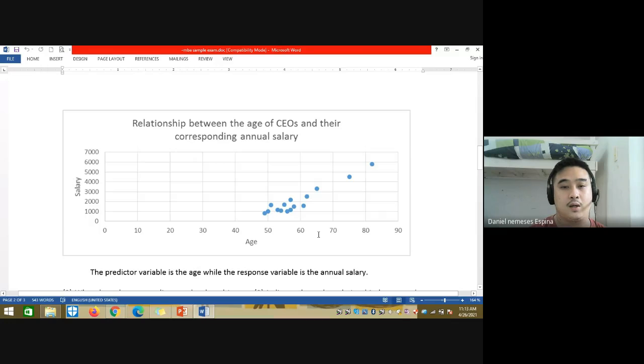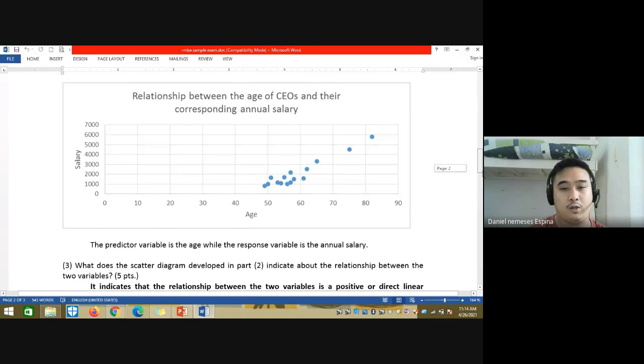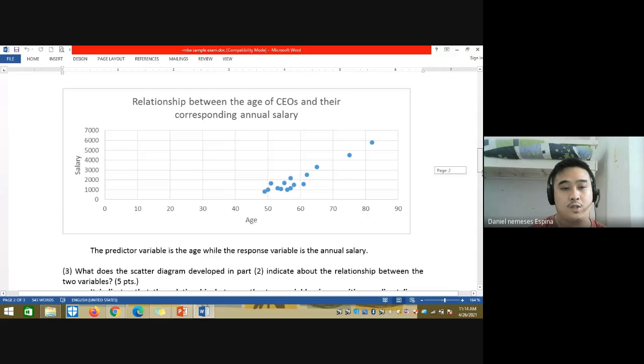So as the executives become older, their salaries also increase. The predictor variable here is the age, while the salary is our response variable.